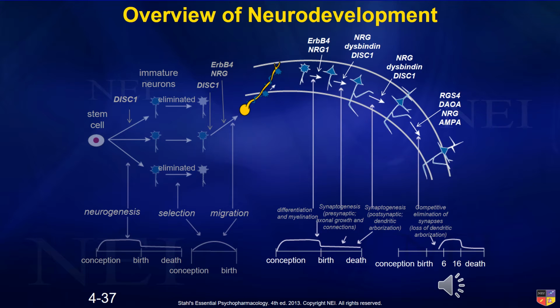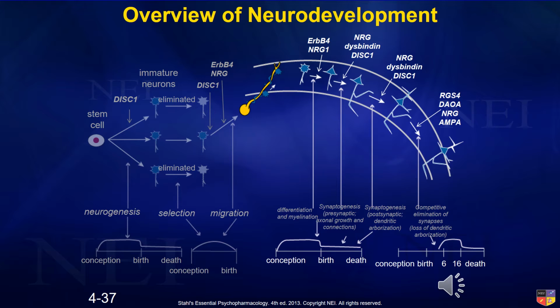And then from conception to birth, you'll see that differentiation is the next process taking place. And with the differentiation is myelinization, which is putting this white fatty sheath around the neuron, especially the axon, to facilitate the electrical activity. And then synaptogenesis takes place.